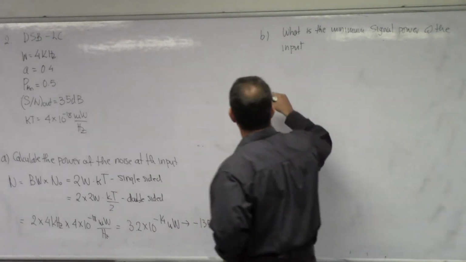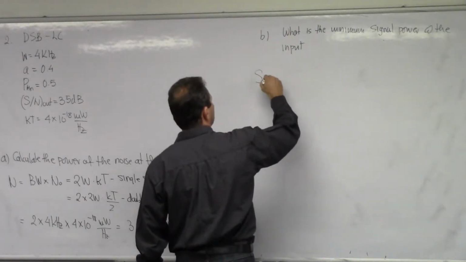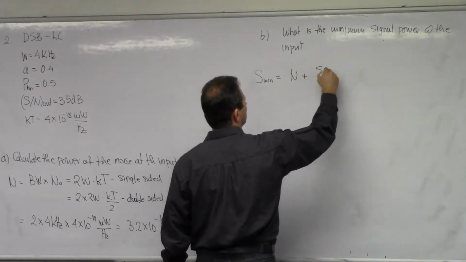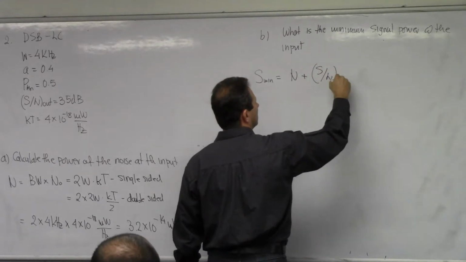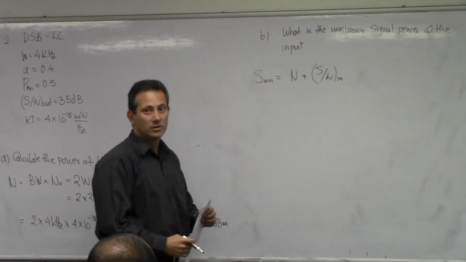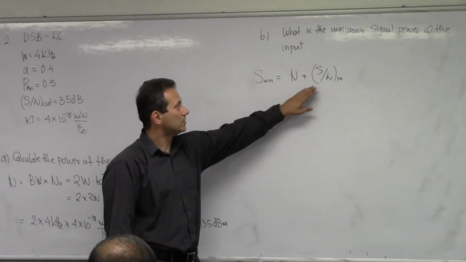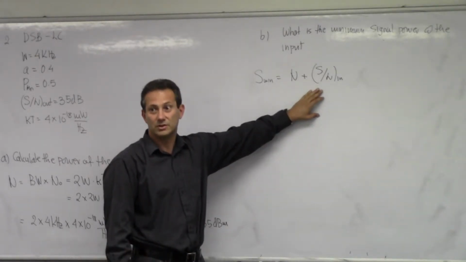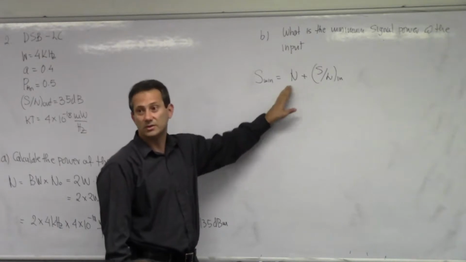So how do I calculate that? Well, the minimum signal is going to be your noise plus the signal to noise ratio at the input, because I know the signal to noise ratio at input is the minimum that I need to have. That plus noise gives me the signal.